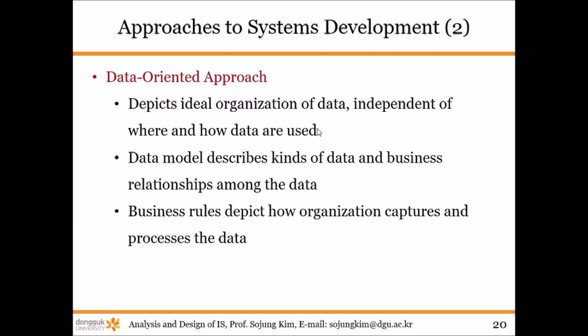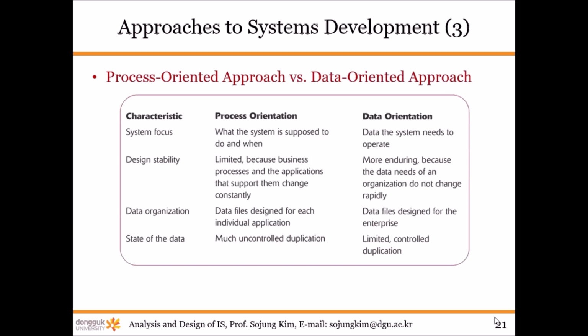And business rules depict how the organization captures and processes the data, okay? So this is more like data management, unlike the previous process-oriented approach. The key idea of this approach is how to separate the data system from the processes of the application, basically.